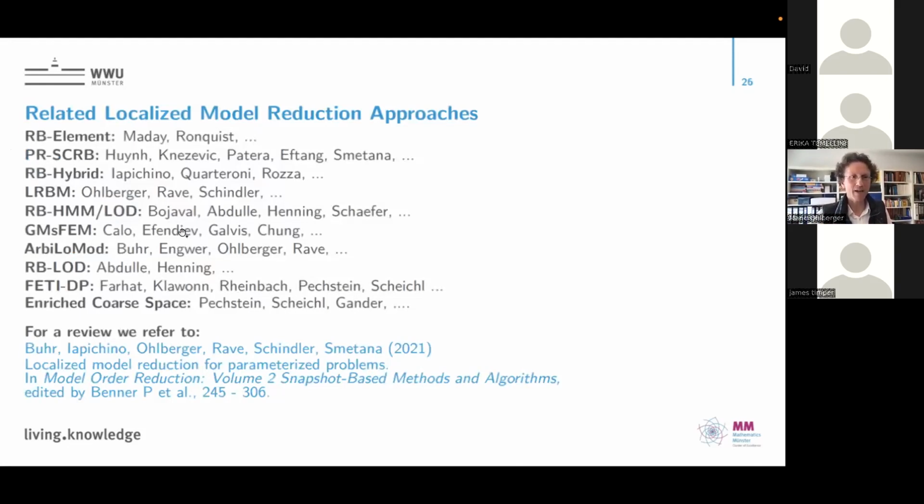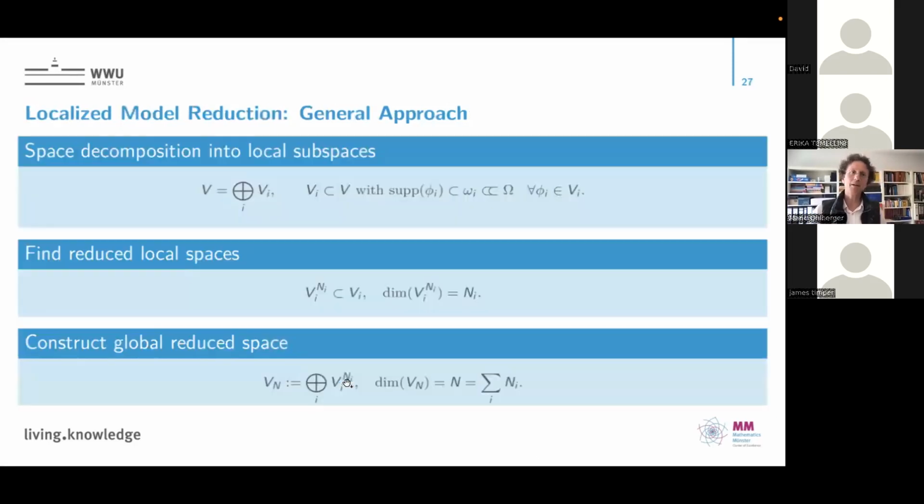And in what we are going to do now, I hint to these methods which are called reduced basis LOD, where LOD stands for localized orthogonal decomposition. This is a particular full order multi-scale method that we will address also in this talk. We have a recent review where we also sketch how this zoo of methods can be brought into an abstract framework. So let me start with a general idea.